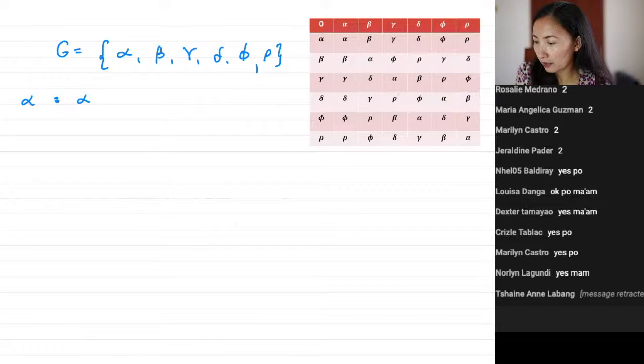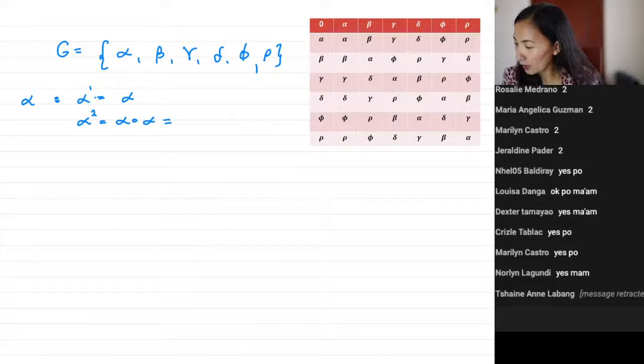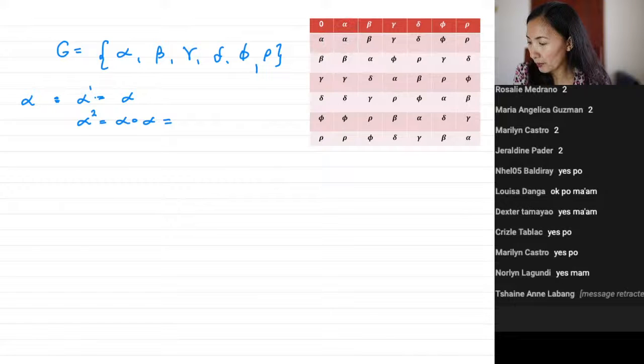Alpha times alpha, or alpha raised to 1 is alpha itself. What would alpha squared mean? What does it mean by this? Alpha, circle alpha, what will that be? Ito, look at your table. Yan, alpha times alpha is alpha. Walang ibang ma-generate na element kundi alpha. So we stop with this.